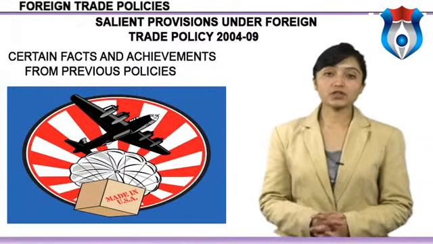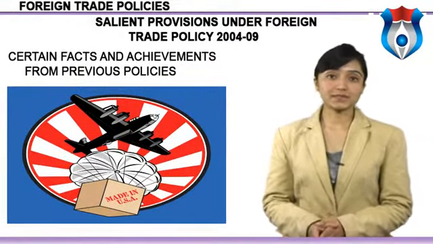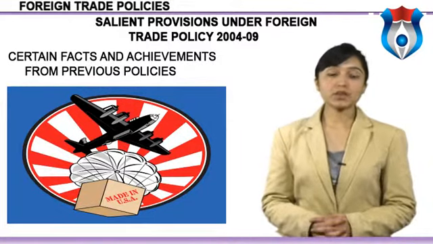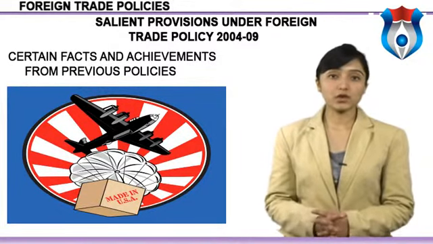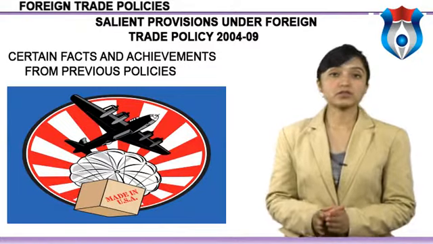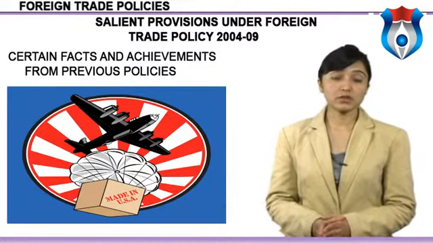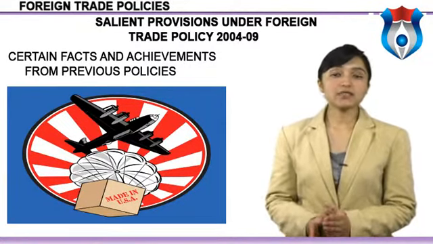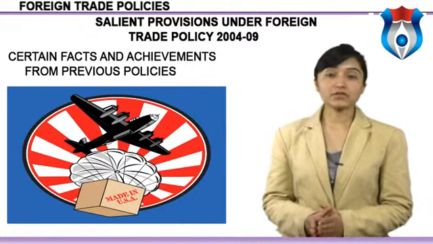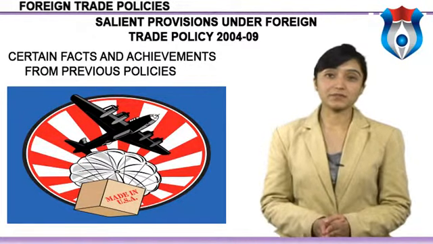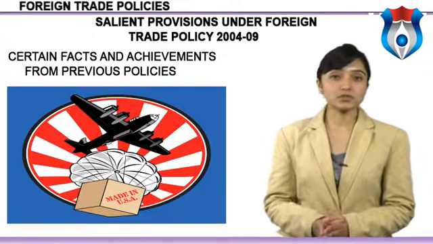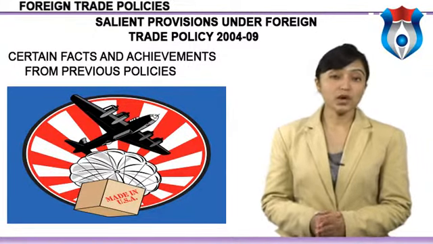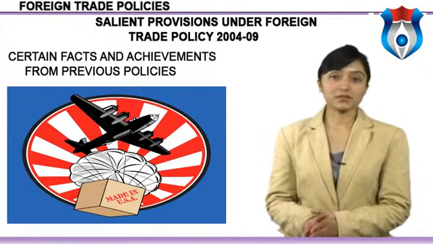Certain facts and achievements from previous policies. In 2004, exports stood at a little over INR 315 billion. In 2007 to 2008, they have exceeded INR 7,750 billion. Exports are not just double what they were 4 years ago, but 2.5 times that.